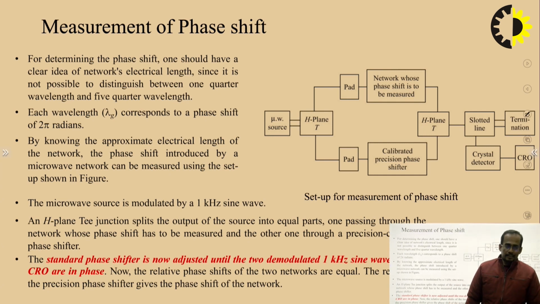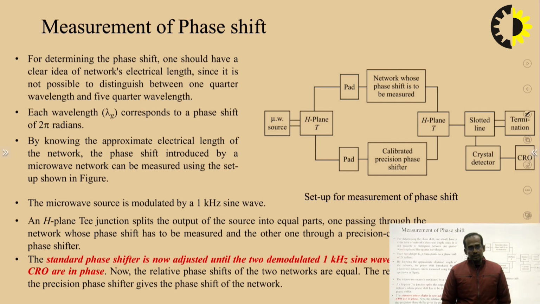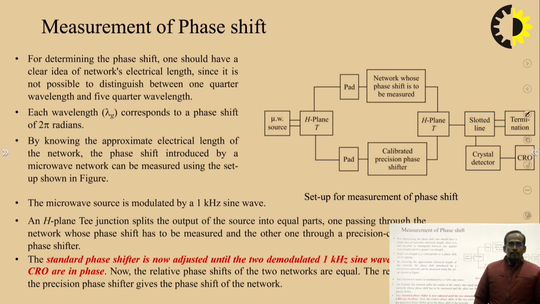The microwave source is modulated by a 1 kHz sine wave, and an H-plane T junction is used for splitting the output of the source into 2 equal parts. One part passes through the network whose phase shift has to be measured, and the other through the precision calibrated phase shifter.